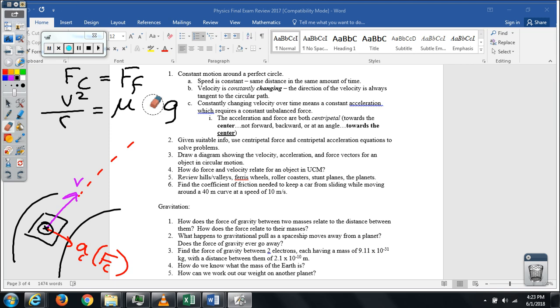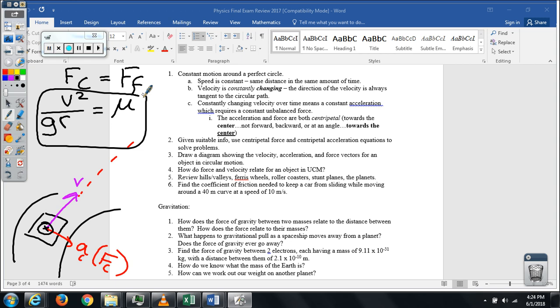So in particular, we're looking for mu. To solve for mu now, I'm just going to divide both sides by g, and you get this expression. So what does mu have to be? Now all I have to do is just plug this into my calculator.